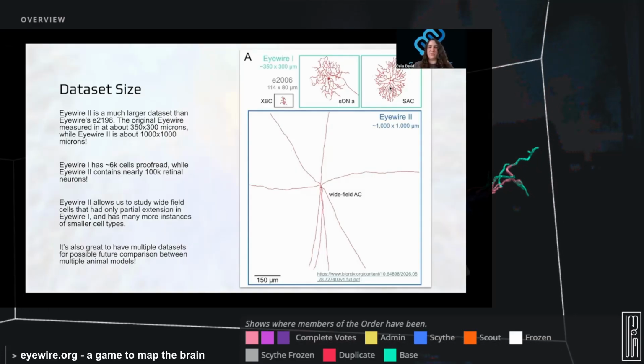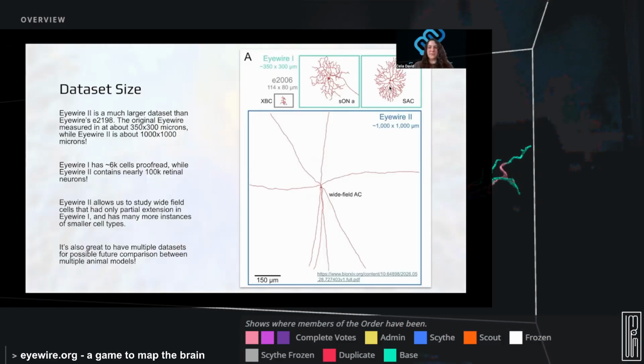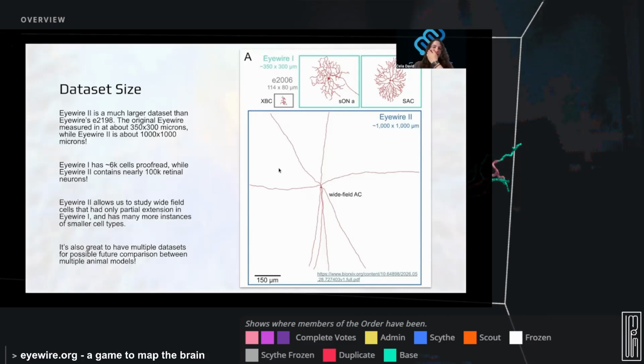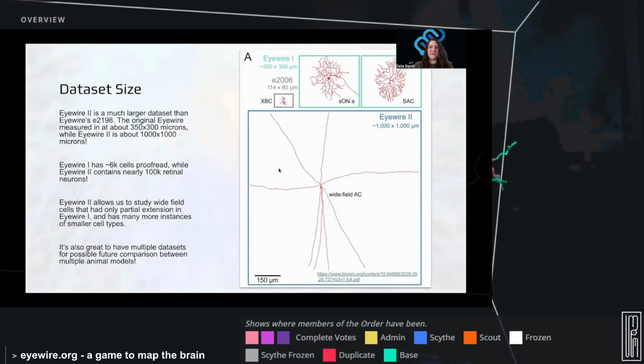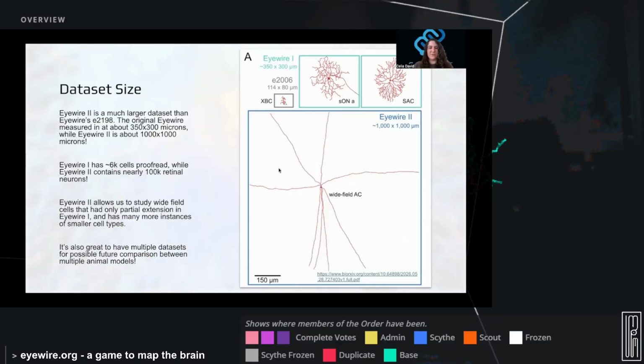EyeWire 1 had a bunch of examples of these types of cells, and then EyeWire 2 will have many more. So we get more instances of various cell types, which is great, and a bigger picture on some of the wide field cells.